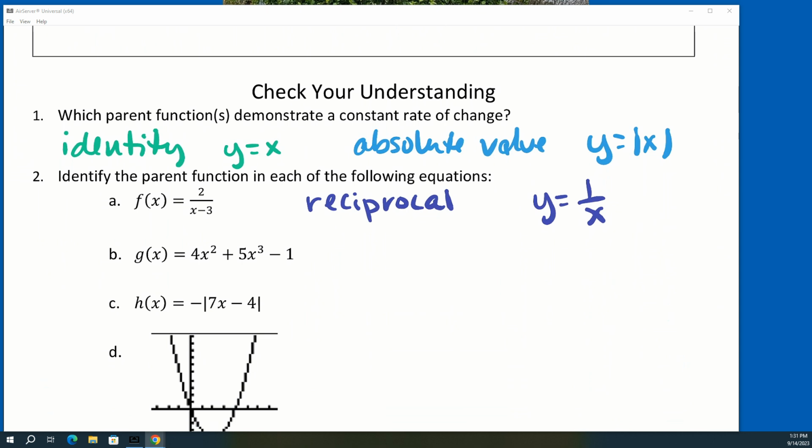All right, now I almost messed this one up last class. So look at it closely. What do you think the parent function is of b? You're going to want to look for the largest exponent. Cubic. Good.